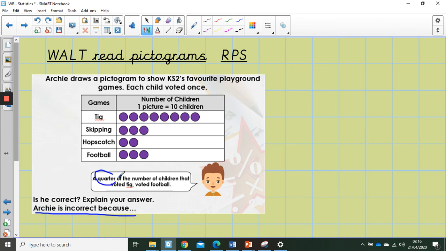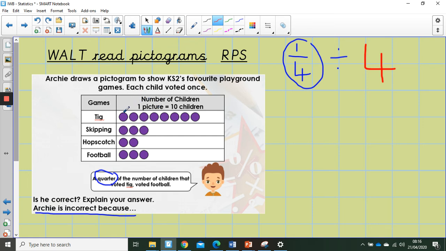So this is important. Remember, a quarter looks like this. A quarter. So when we are confronted by the word quarter, we need to divide by, go on, have a go. That's right, we need to divide by 4.